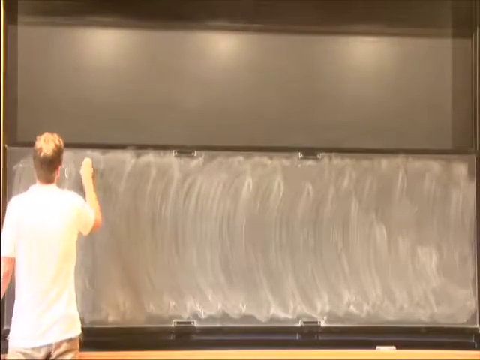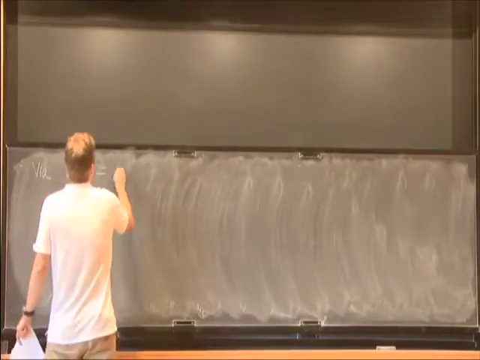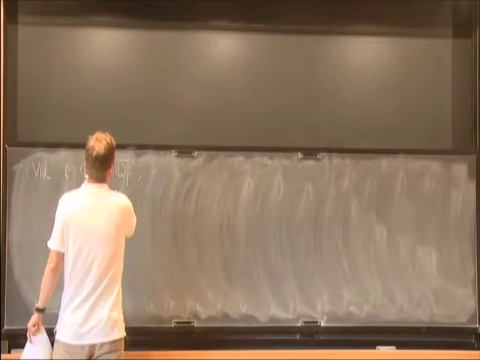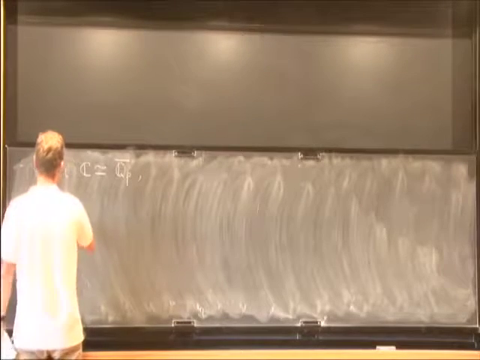So via iota, you think of this space as just a space of p-adic modular forms.